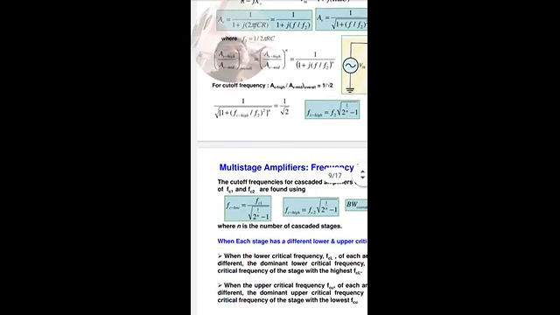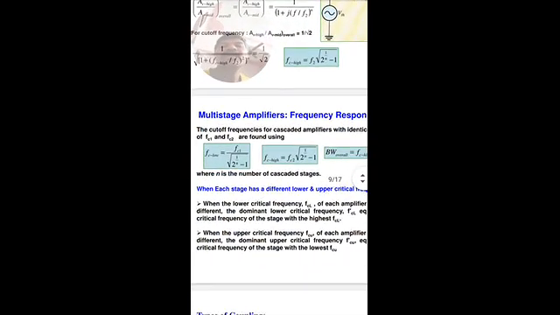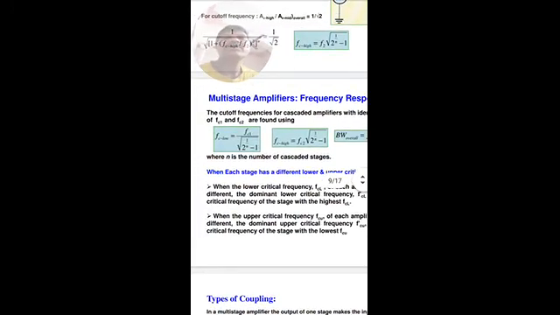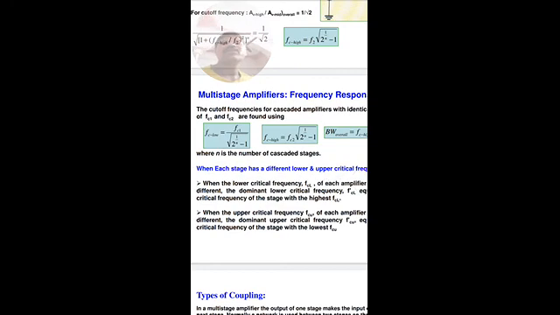For a multi-stage amplifier's frequency response, the cutoff frequencies for a cascaded amplifier with identical stages, fc1 and fc2, are found using these formulas. The lower cutoff frequency of an n-stage multi-stage amplifier is fc low, where fc1 and fc2 are the identical cutoff frequencies of each stage.